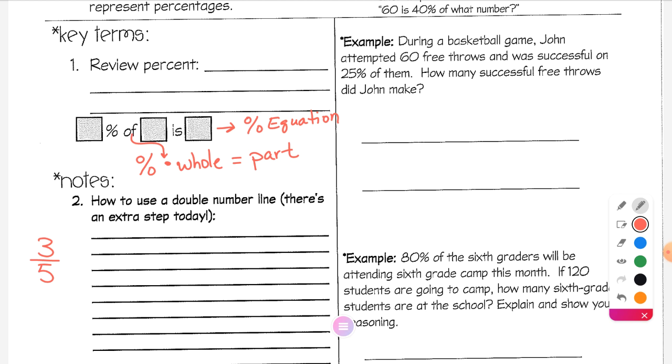Okay, double number lines. Have we made double number lines before? Yes. We are just going to apply what we already know about double number lines to percentages. Okay? So, one line equals your percent line. 0 and 100 at each end.